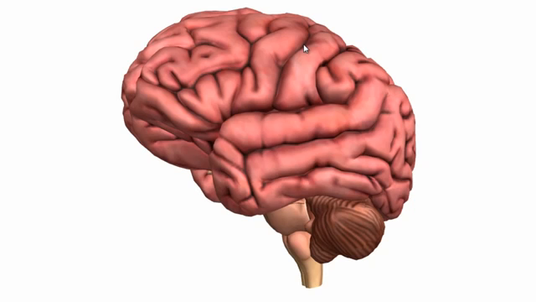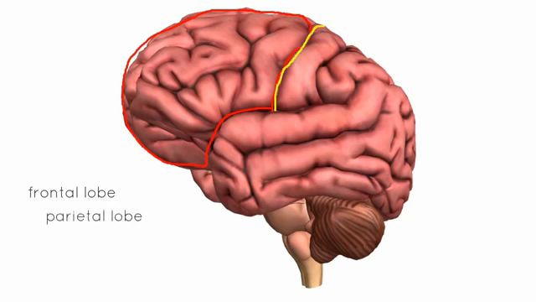So you've got 4 lobes of the brain which are separated by various grooves. Anterior to the central sulcus, which I'm drawing along here, you've got the frontal lobe, because it sits behind the frontal bone of the skull. So this is the frontal lobe that I've outlined in red. Posterior to the central sulcus, you've got the parietal lobe, and this runs like this. I'm outlining this in yellow.